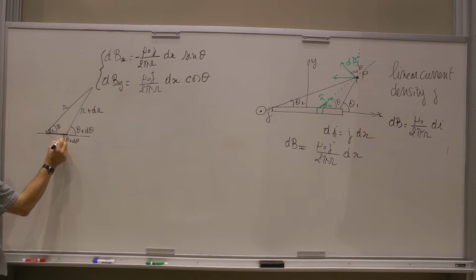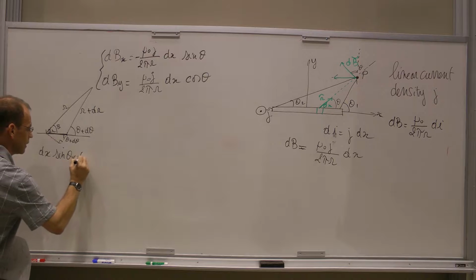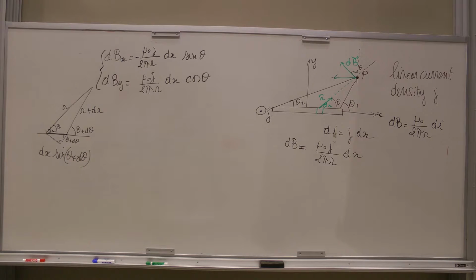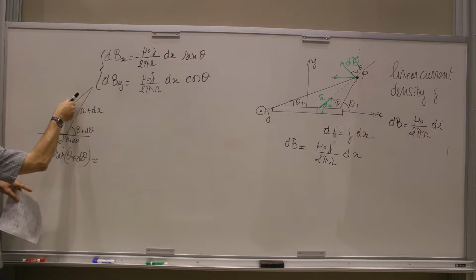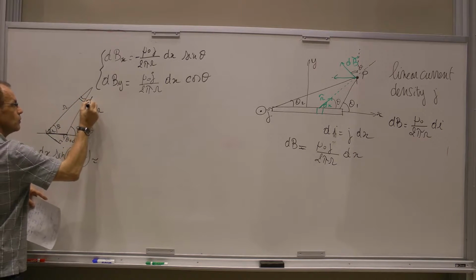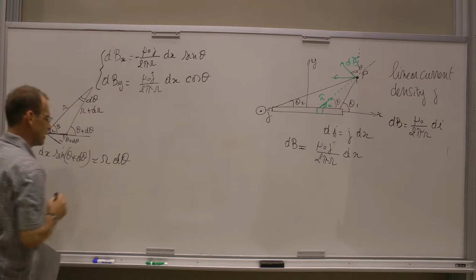I'm interested in this, that gives me dx projected on there, dx sine theta plus d theta is more or less equal to this length right here, which is the arc of length r corresponding to the angle d theta. So this is about the same thing as r d theta.